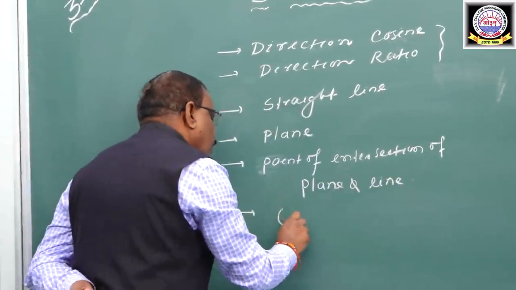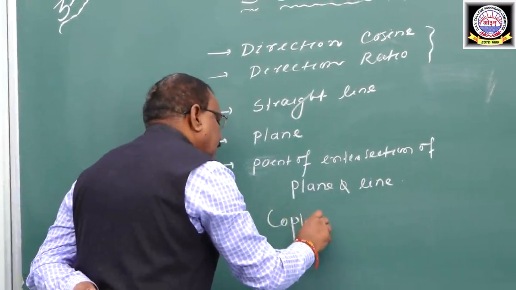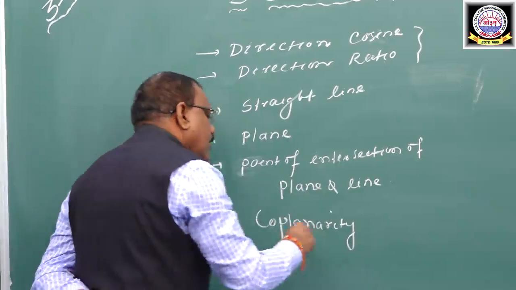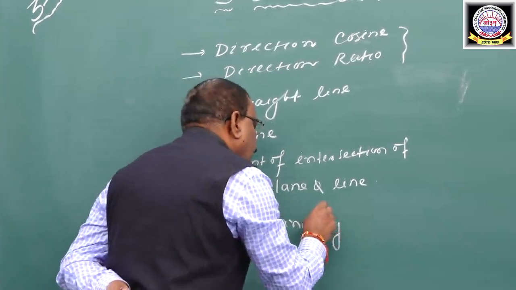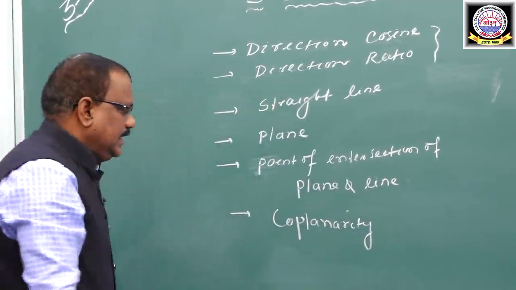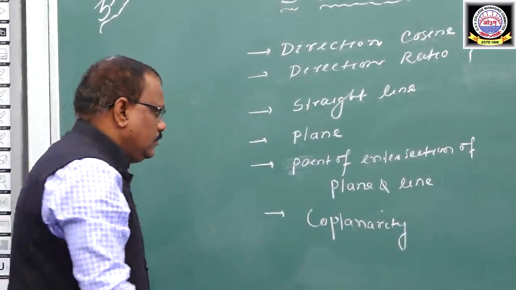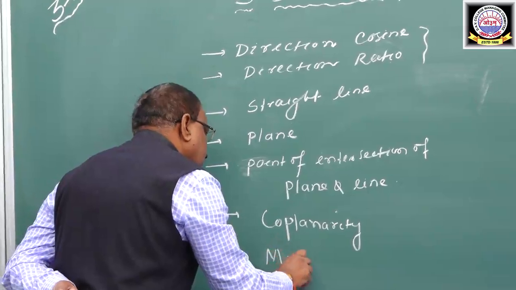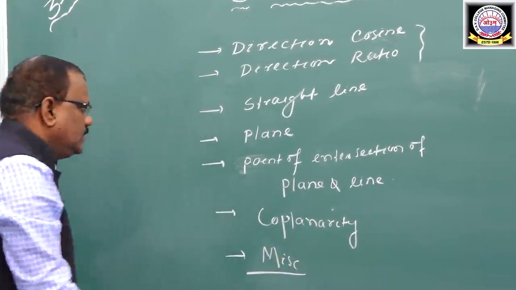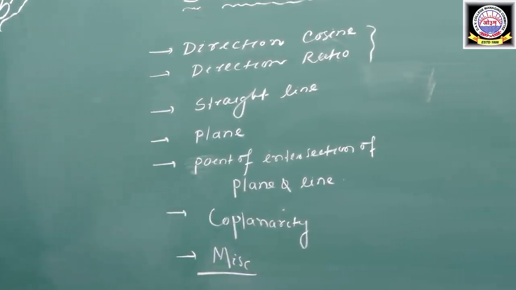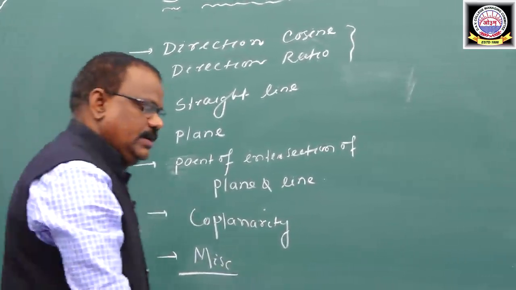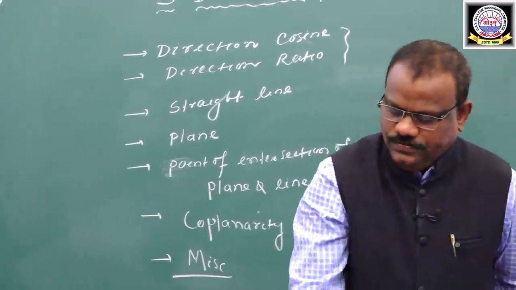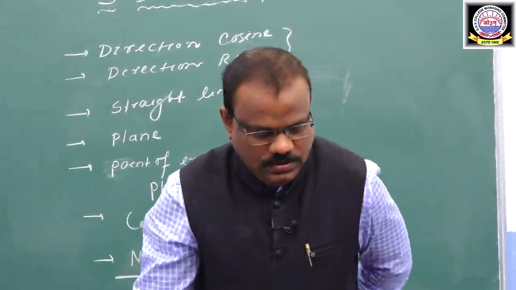Then we will discuss coplanarity, the condition of the coplanarity. And in the miscellaneous we will see many cases. So these are the main divisions of the chapter. Okay, so let us see one by one.